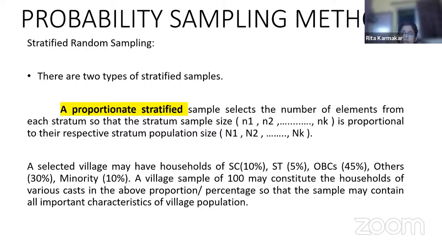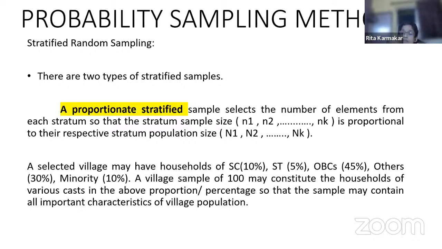Now to move on, there are 2 types of stratified random sampling. One is proportionate stratified random sampling. First, it is stratified random sampling, so it divides the population into different strata. And then from each one of these strata, they select people based on the proportion in the population.